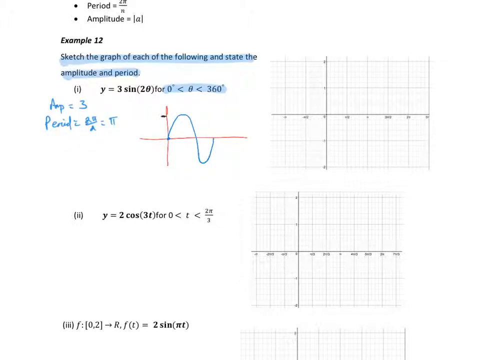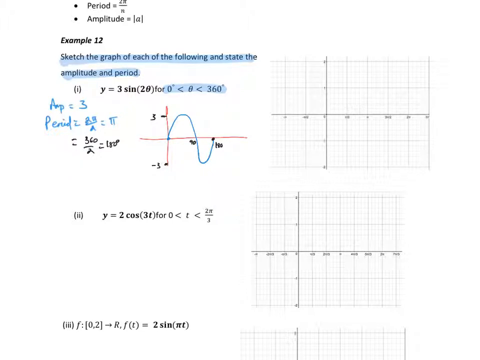The maximum value is the amplitude, which is 3. The minimum value there is -3. That point there is the value of my period. I better rub that bit out, because my period is pi, which I should have written as 360 over 2, which is 180 degrees. So that's 180 degrees, that's 90.